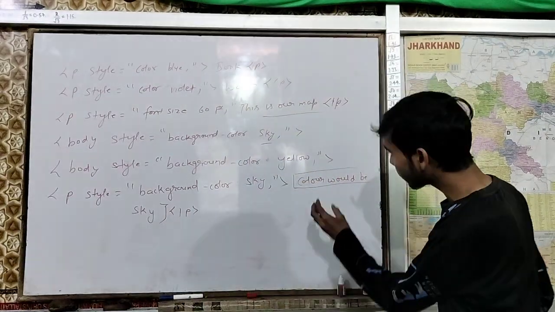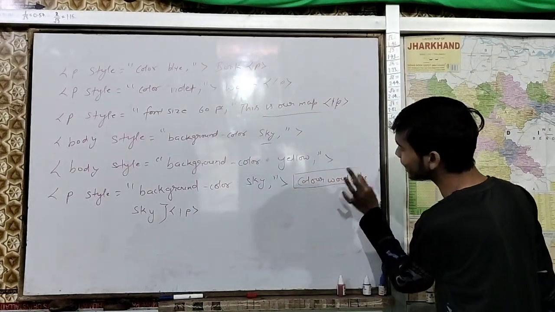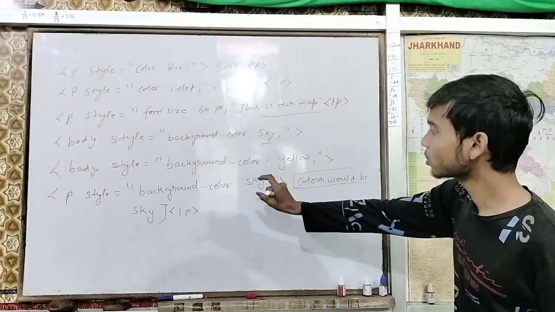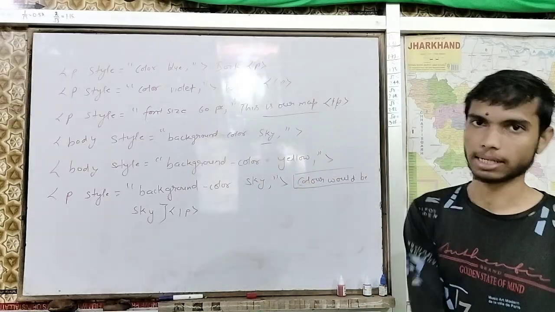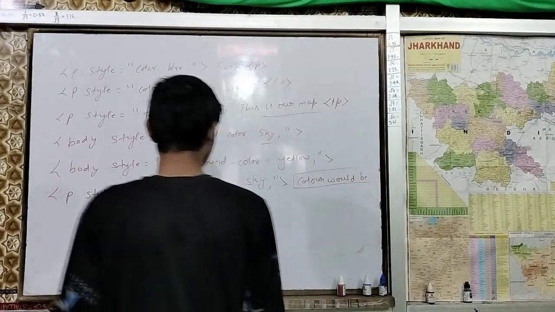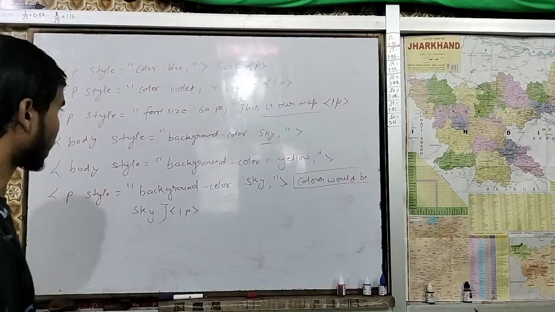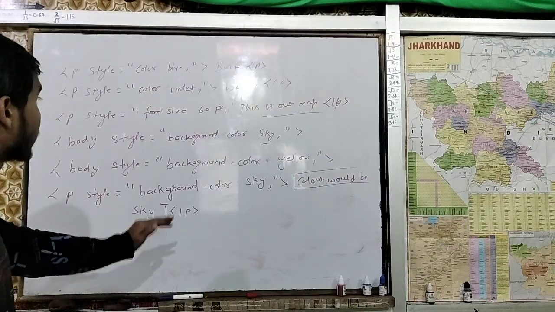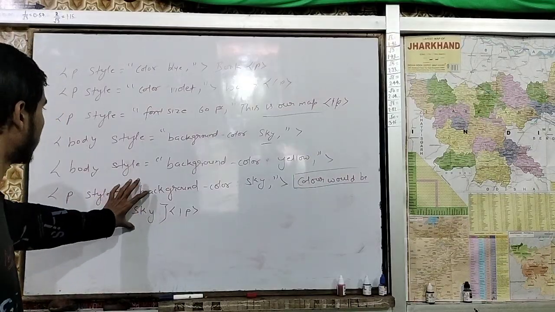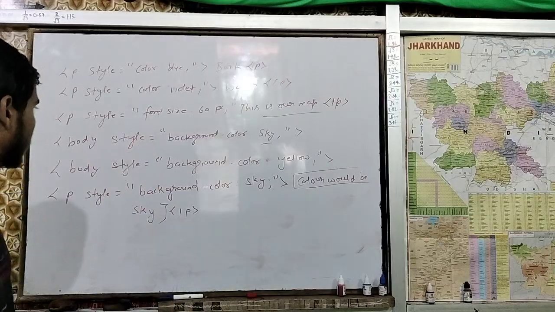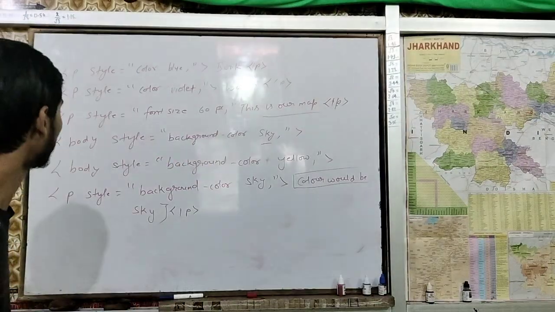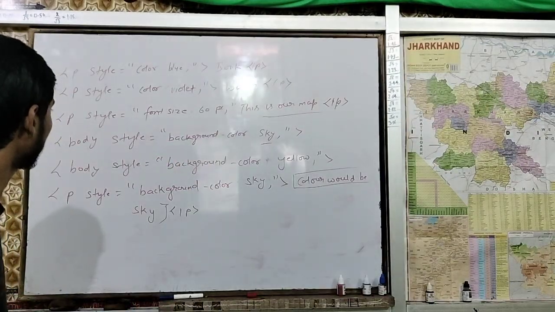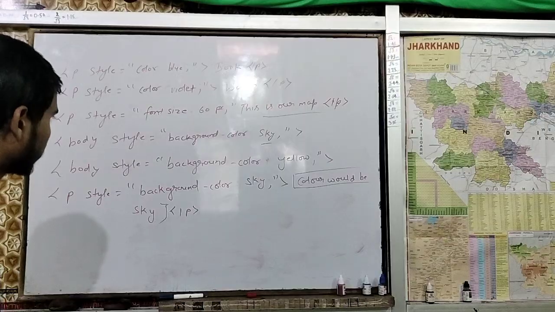You will observe that background color of this text is showing as a sky color. That is the difference between this and the body style, body background color. Clear?